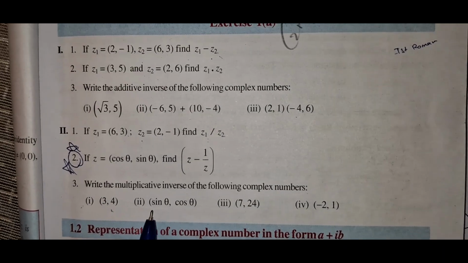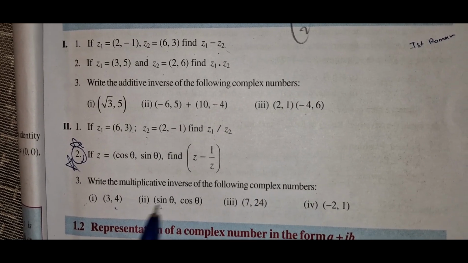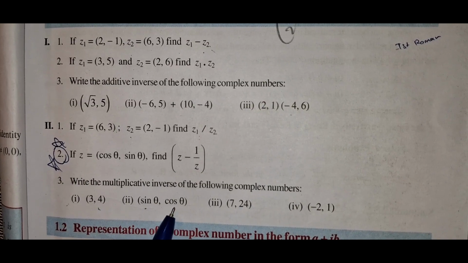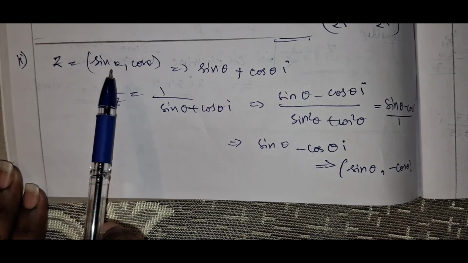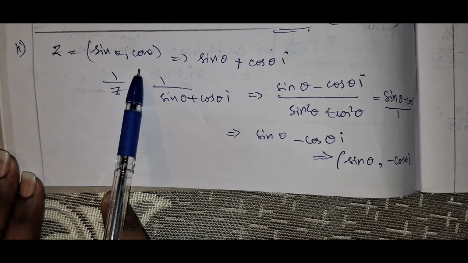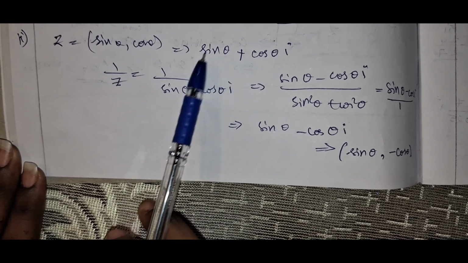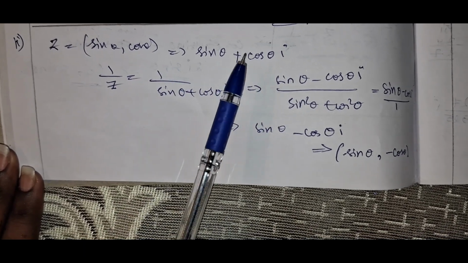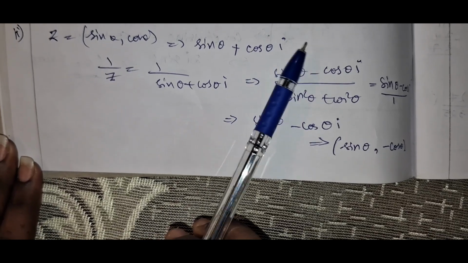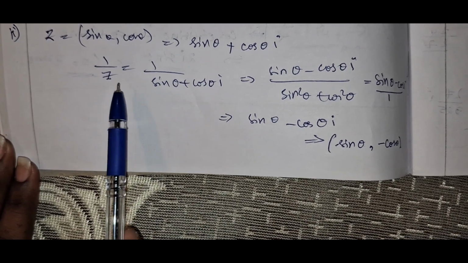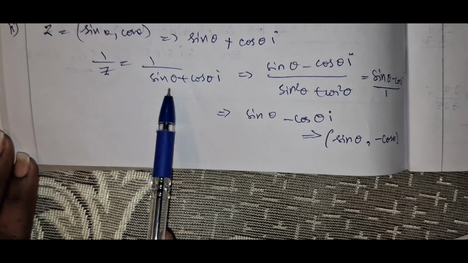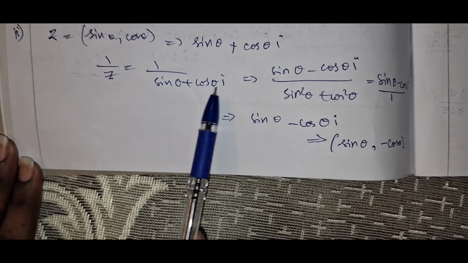Now we will solve the second question, that is, the given complex number is sin theta comma cos theta. We have here z is equal to sin theta comma cos theta. We are writing this in the form of sin theta plus i cos theta. Then the multiplicative inverse is 1 by z, which is equal to 1 by sin theta plus cos theta i.